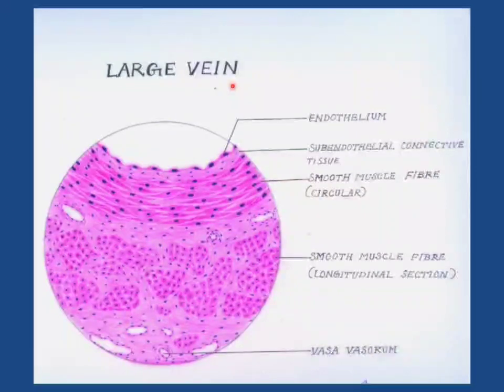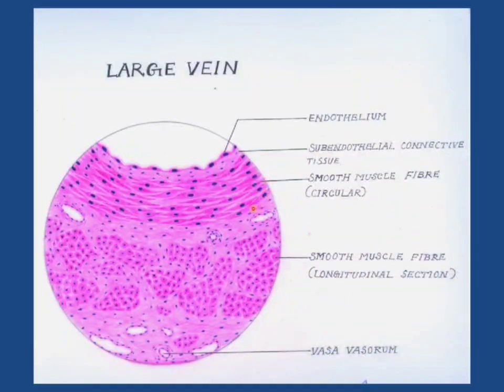In the large vein, like inferior vena cava, the lining epithelium or the endothelium is simple squamous epithelium. Deep to that, there is a thin layer of subendothelial connective tissue. The tunica media thickness is small, and it contains a few smooth muscle fibers and collagen fibers which are arranged concentrically.